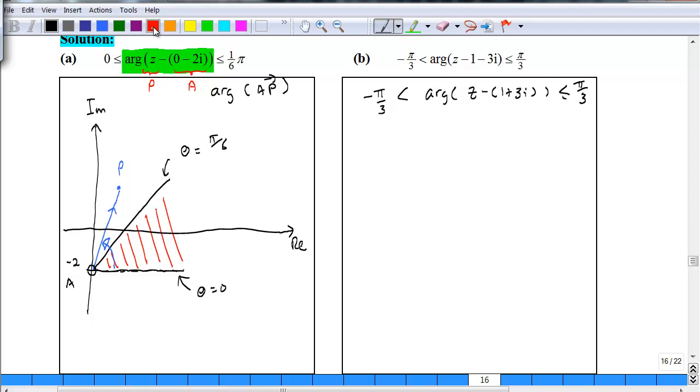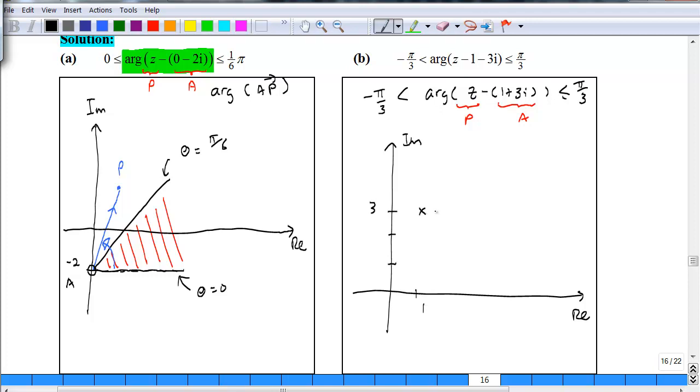Let's mark out the point P representing z and the point A representing the fixed complex number 1 plus 3i. Again you have the imaginary, excuse me, the real axis. Let's mark out the point 1, 2, 3, and so this is the point A. Then from there we draw the horizontal, and make sure you put a circle at A, because like I said before, it does not include the point A itself.